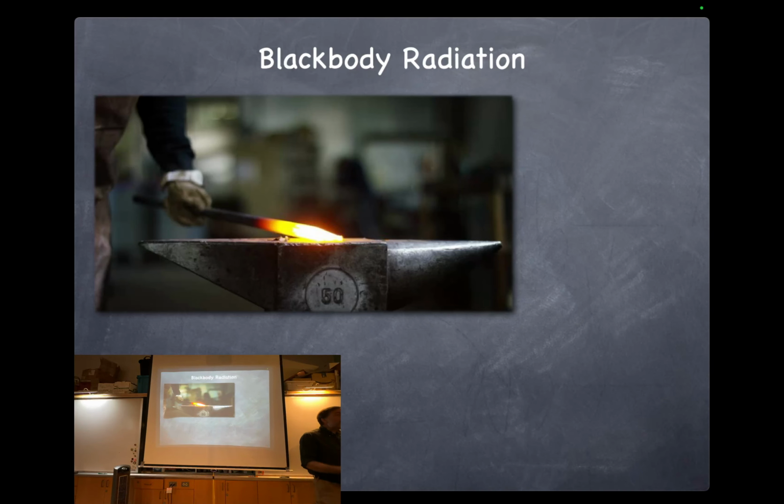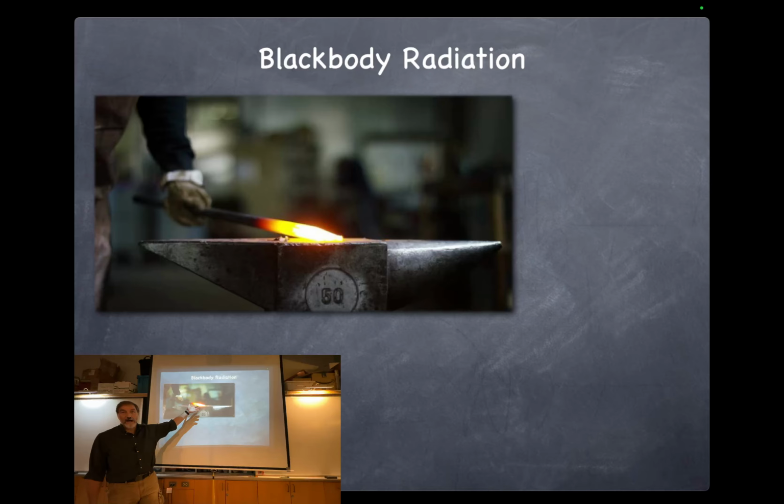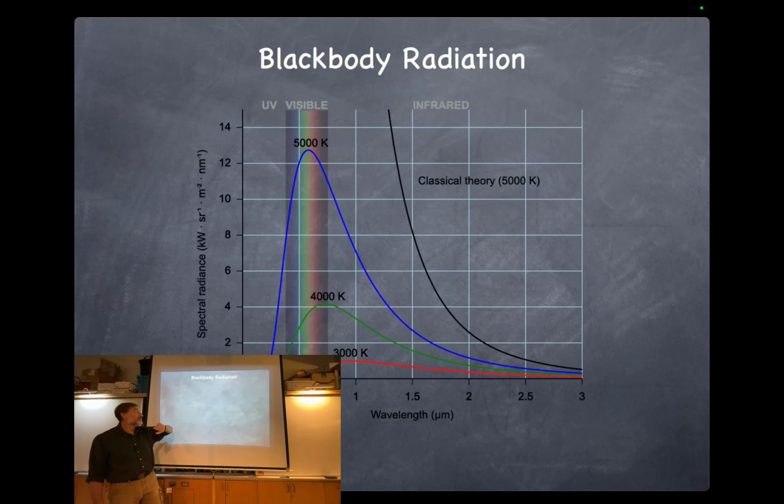And the problem that everybody runs into real quick is that if you use these wonderful equations we have for light and you calculate what you should get, it doesn't match the experimental result of, hey, I took this object and I actually heated it up.